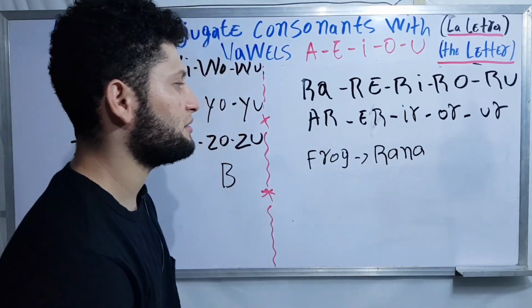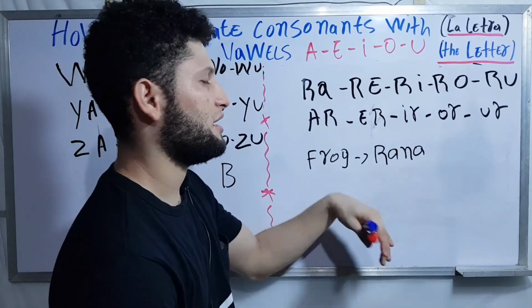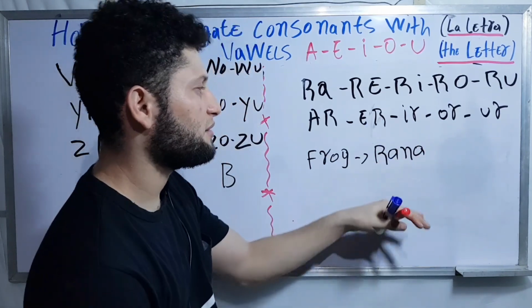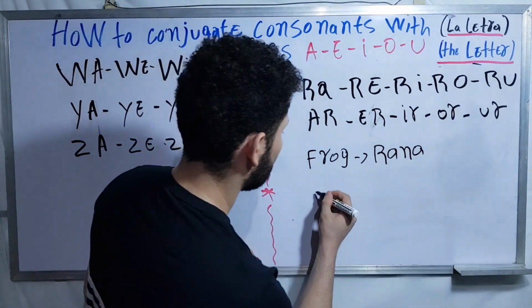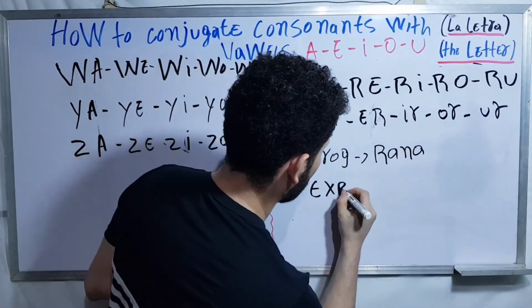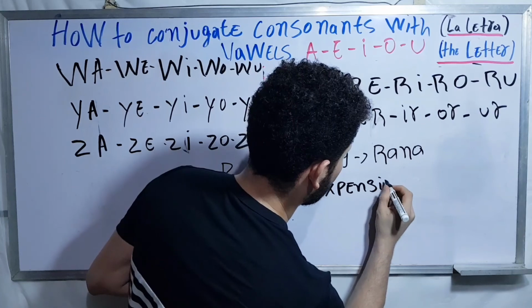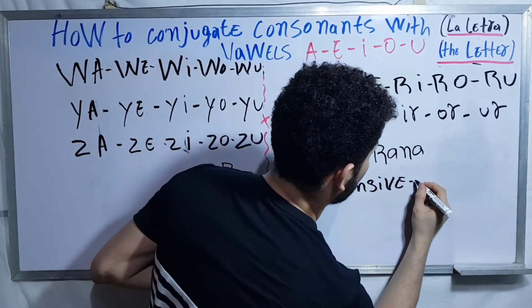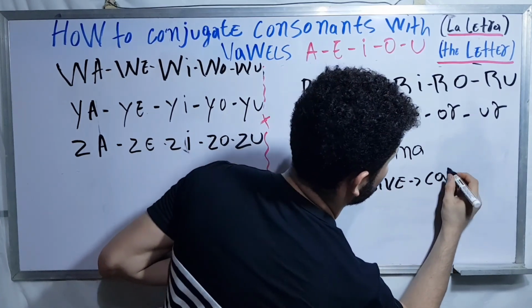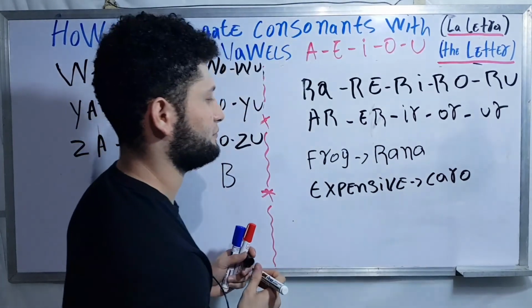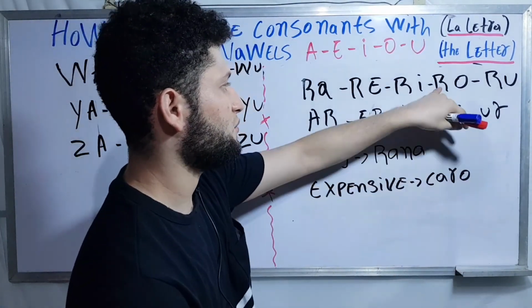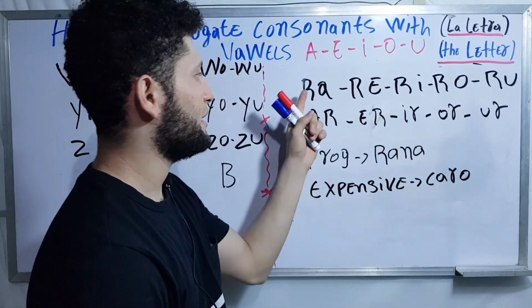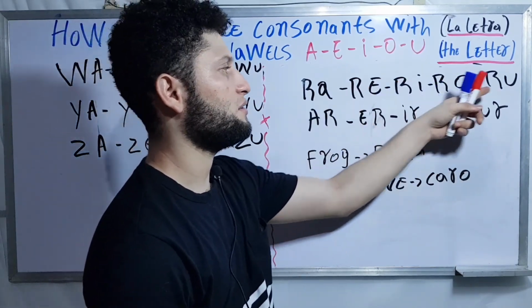And what about if the letter is in the middle or at the end of the word? For example, this one, expensive, which you can translate as costoso, or caro.